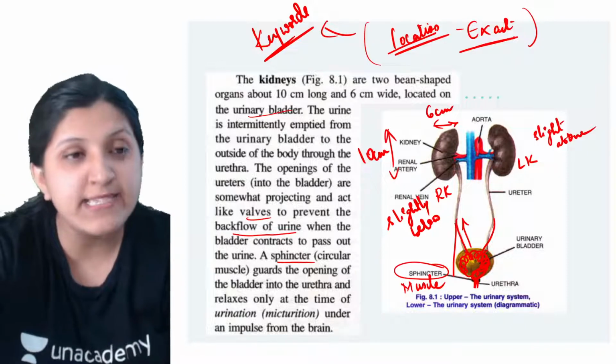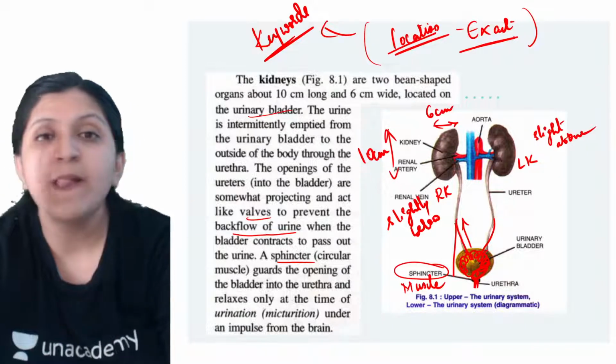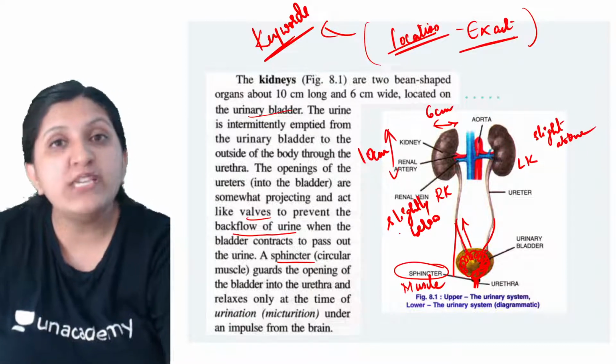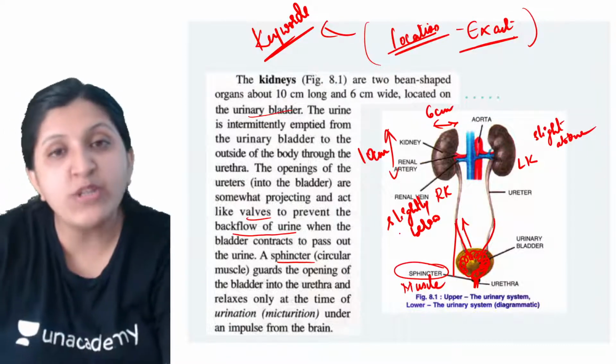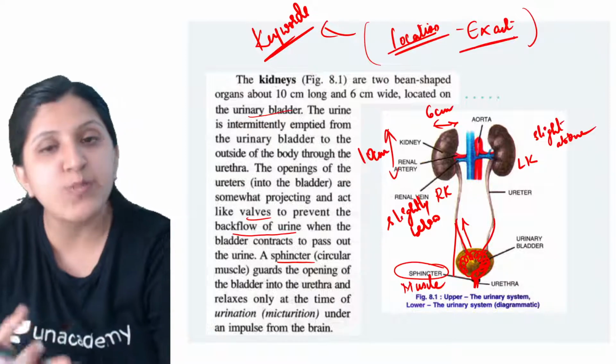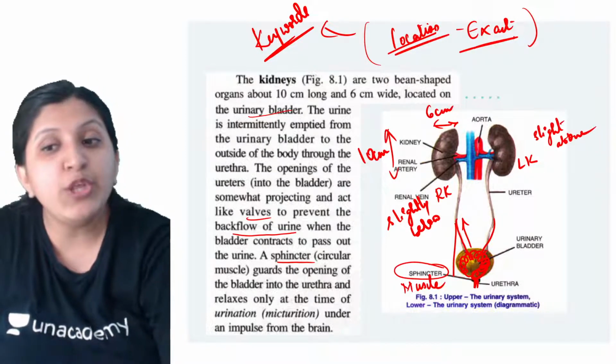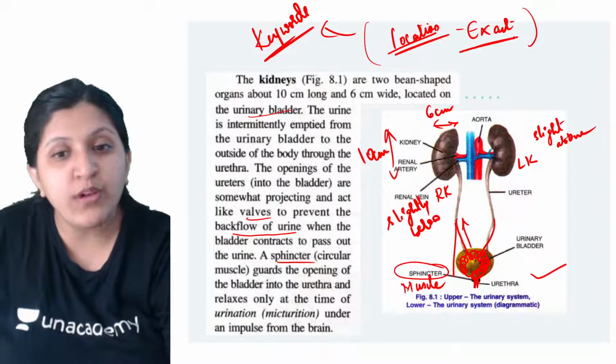What exactly is an effector? It is either a muscle or a gland. So here it is a sphincter muscle which is getting an impulse from the brain to open up so that urination can occur through the urethra.